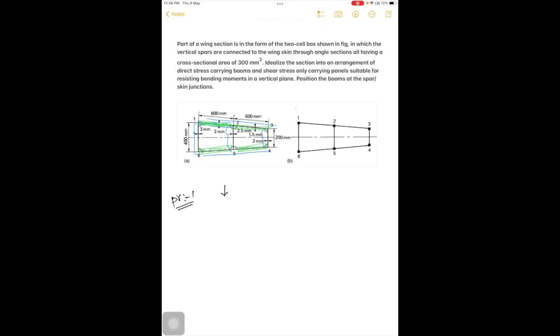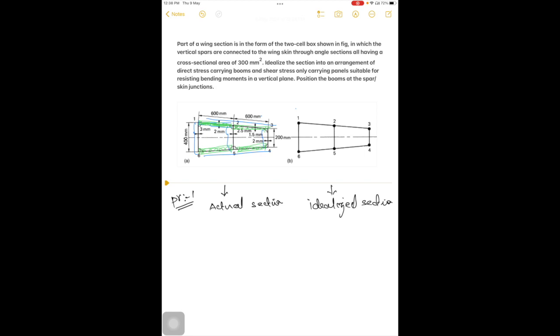Figure A is the actual section, and figure B is the idealized one. Based on the conditions given, we have idealized the section. Booms have to carry the direct load, panels have to carry only the shear stress load, and booms have to be positioned at the junction of spars and skins.